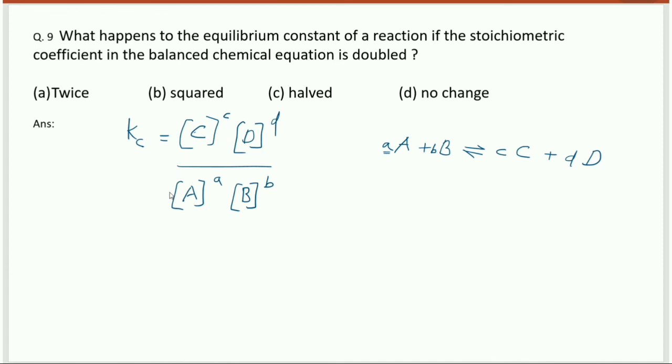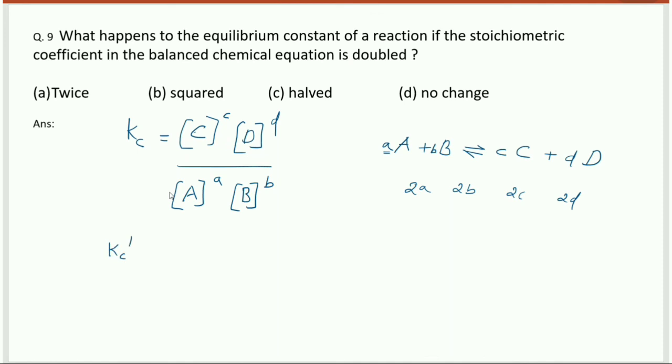Now the question is, what happens to the equilibrium constant of a reaction if the stoichiometric coefficient in the balanced chemical equation is doubled? So the stoichiometric coefficients a, b, c and d are doubled. That means 2a, 2b, 2c, 2d.